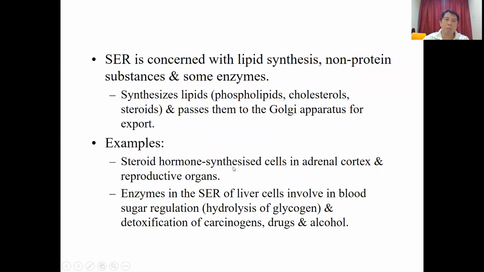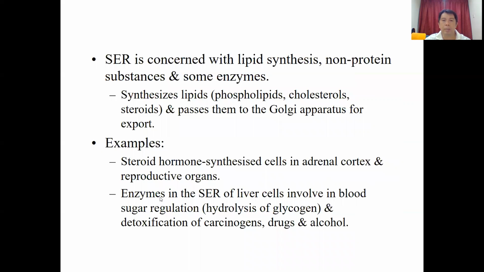So SER is concerned with lipid synthesis, non-protein substances, and some enzymes. So the lipids that form are phospholipid, cholesterol, and steroids. Then after that, these products will be transported to the Golgi apparatus for secretion.